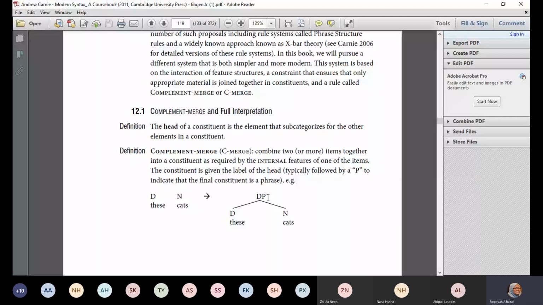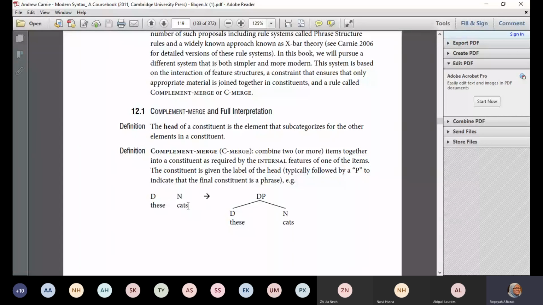Determiner phrase. Okay, so determiner phrase is the final stage when we are combining the constituent, right? So we take the constituent DP and then we look into the constituent and we say what are in the DP, and we found that we are trying to account for the derivation of these cats. So these cats, what is this? This is the determiner, and then cats is a noun. So after we determine this, we go back and do our feature notation for this and feature notation for N. Okay.